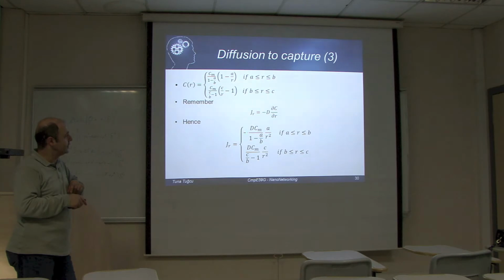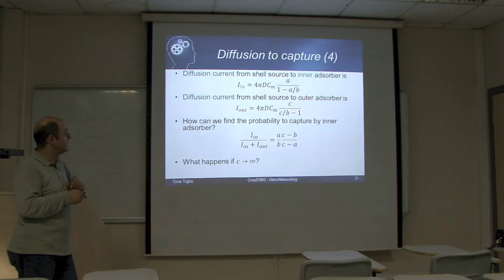If you look in here, if you, for example, focus on this one, multiply the flux with the surface area at distance r. So multiply it with 4 pi r squared. As you will remember, that would be the surface of the sphere. You will end up with the current. Similar is true for the outward current.